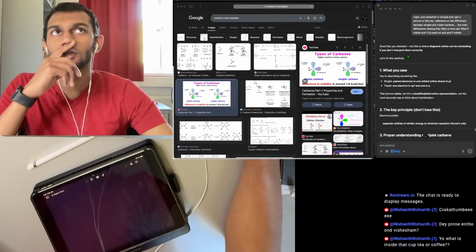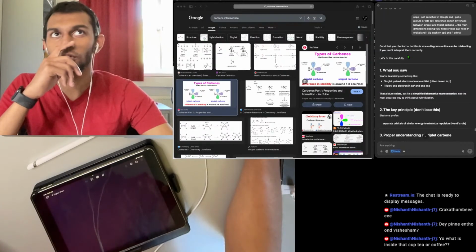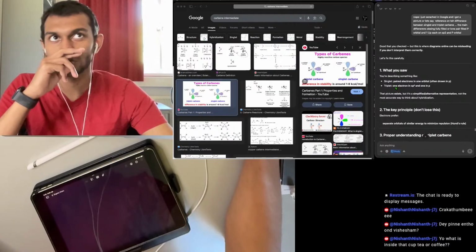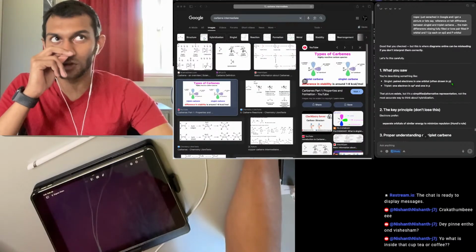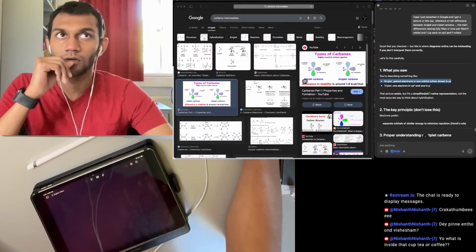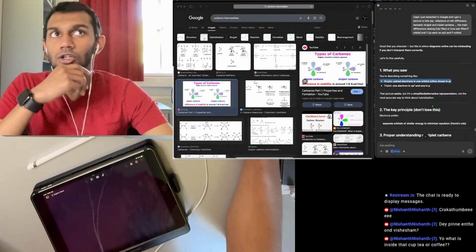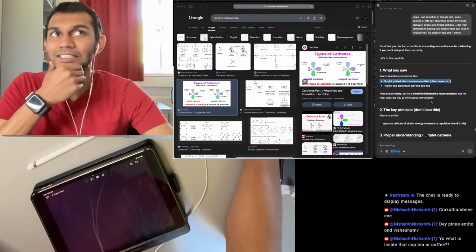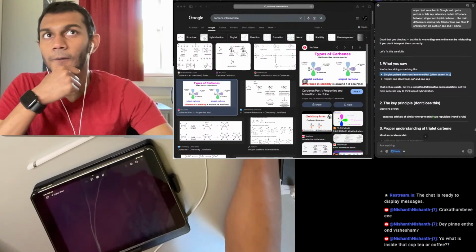Good that you checked, but this is where diagrams online can be misleading, if you don't interpret them correctly. What you saw, you're describing something like singlet, paired electron in one orbital, often drawn in p orbital. No. This picture exists, but it's a simplified alternative representation, not the most accurate way to think about hybridization.